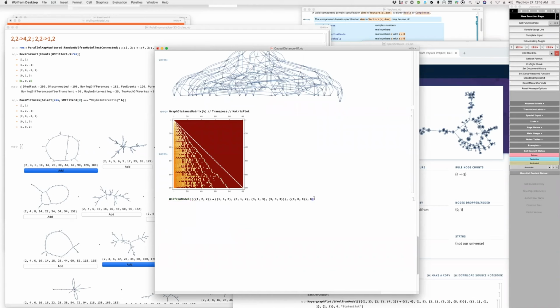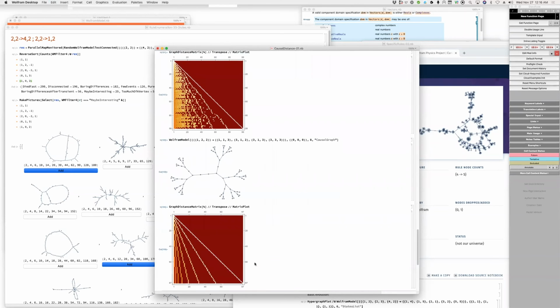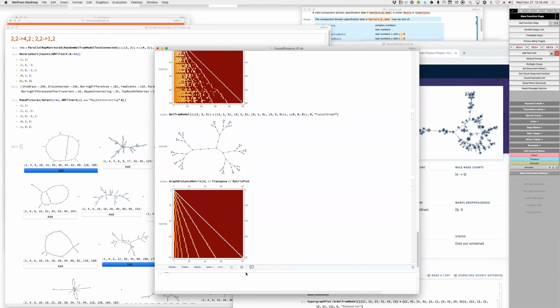The less dense these lines are, the faster it grows. Not sure. Okay, yeah, that's pretty clear. Explain this picture to me.